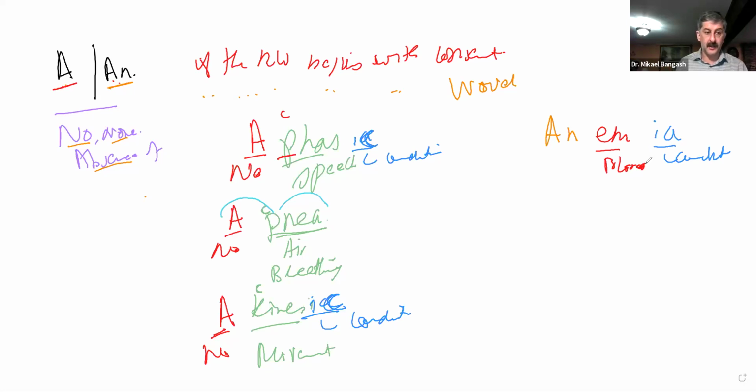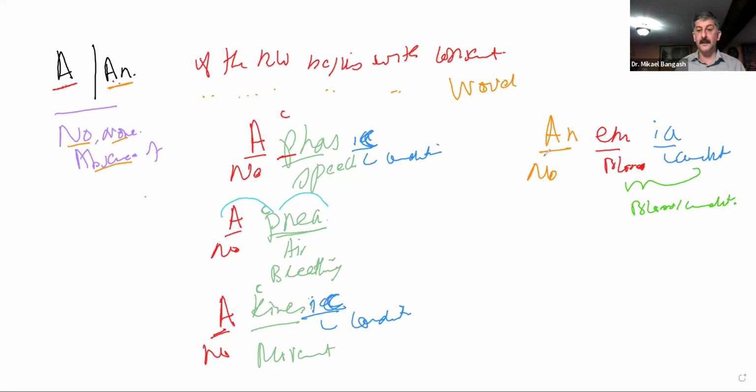So emia together is a blood condition. When you see a word ending with emia, it's going to be a condition related to blood. But here we had the prefix an in front of it, which means no or none.